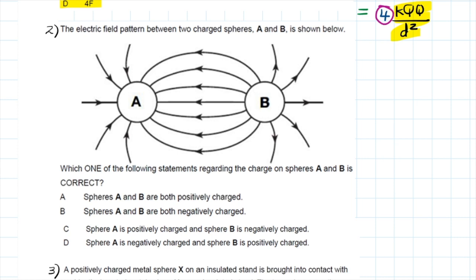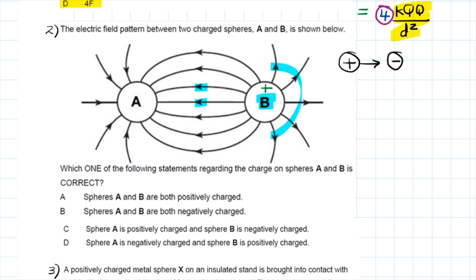When we look at the picture, all that we see is electric field lines with arrows on them. We know that the electric field lines always point away from positive and into negative charges. When we look at B, we see that the arrows point away from it. Therefore, we can come to the conclusion that B is positively charged.